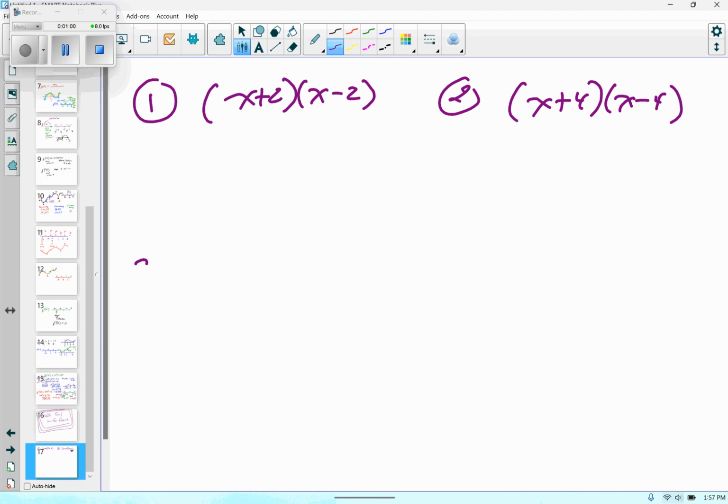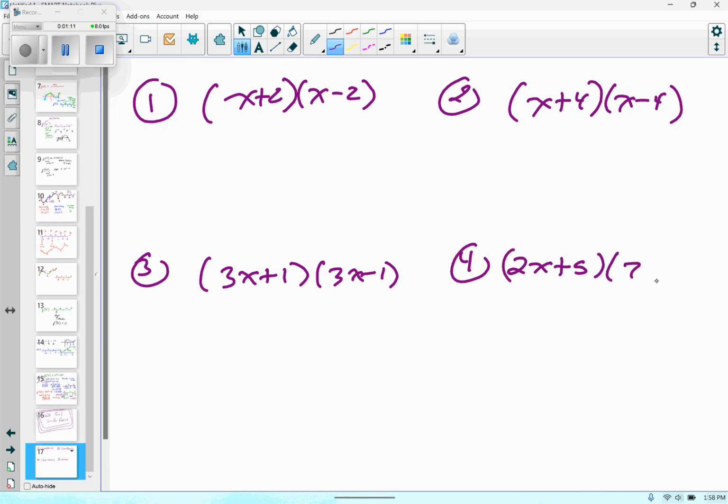And then number 3, 3x plus 1, and 3x minus 1. And number 4, 2x plus 5, 2x minus 5. Okay, so do you all kind of recognize that each problem, you have kind of the exact same things, but what's the difference that's taking place?